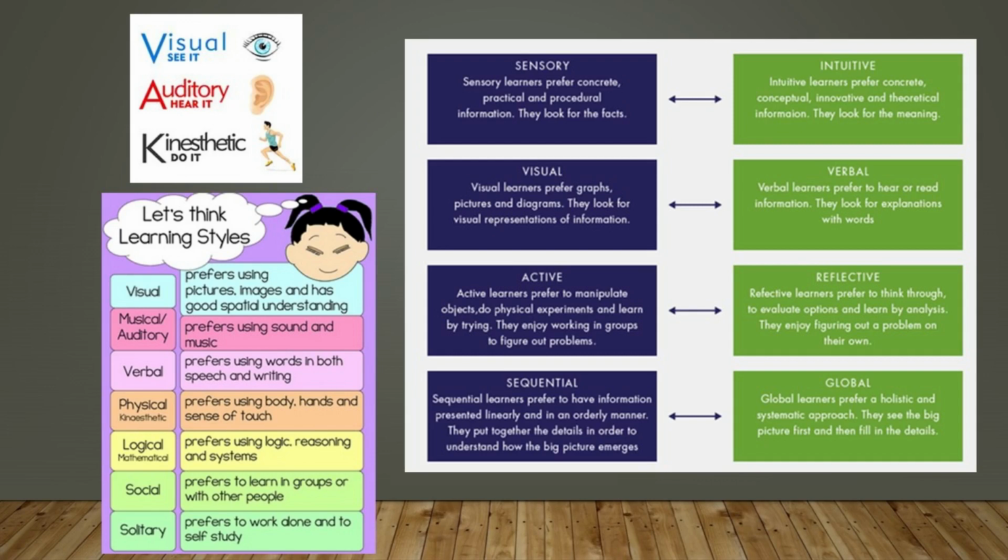Visually, we use a lot of pictures and images, which is awesome. That's going to hit a lot of students with that learning style. But make sure that you're not just doing the visual; include maybe auditory or physical or social, trying to hit multiple learning styles in each lesson.